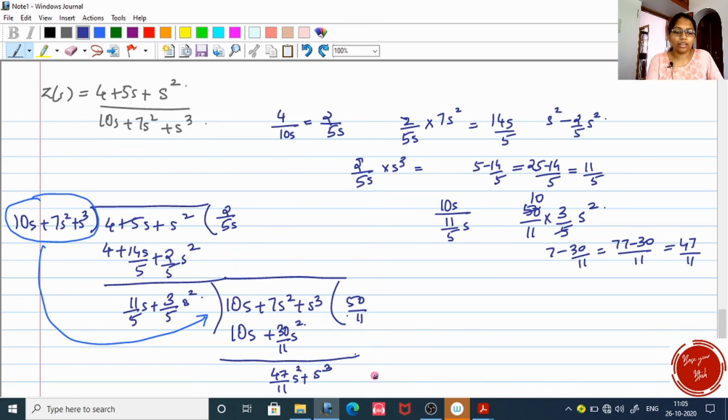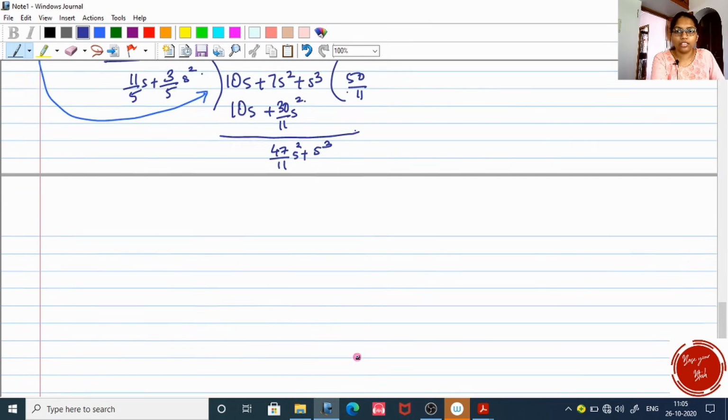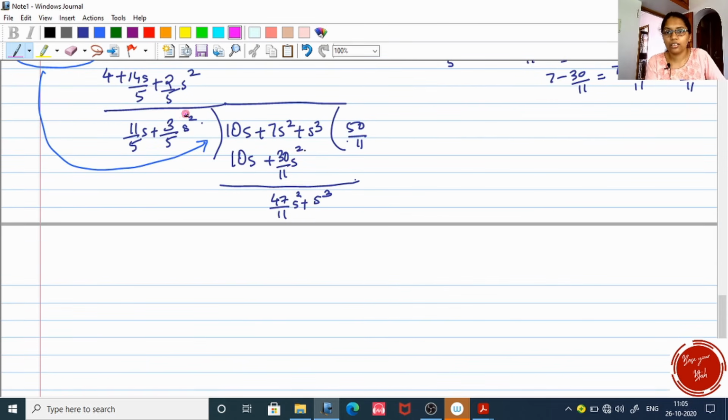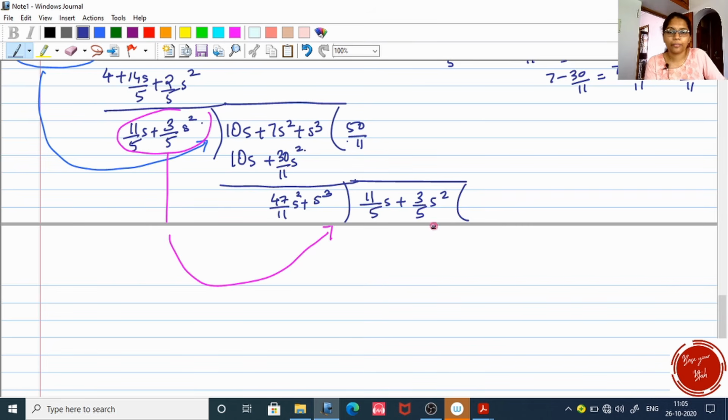Now we are ready with the remainder. So take the previous divisor over to here. Continue dividing.